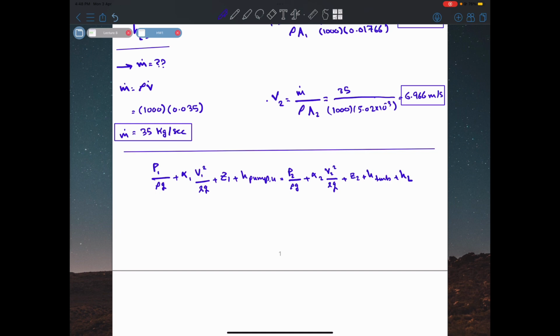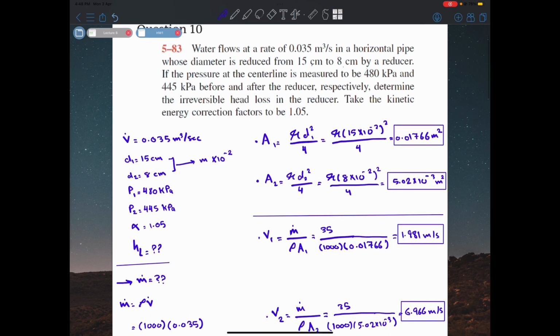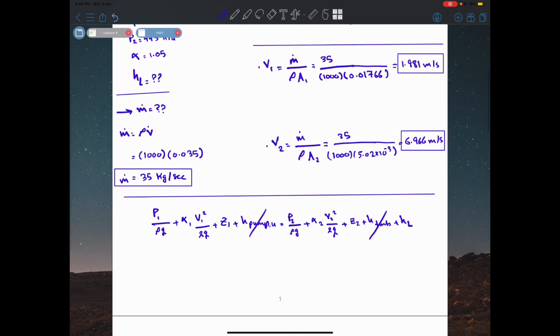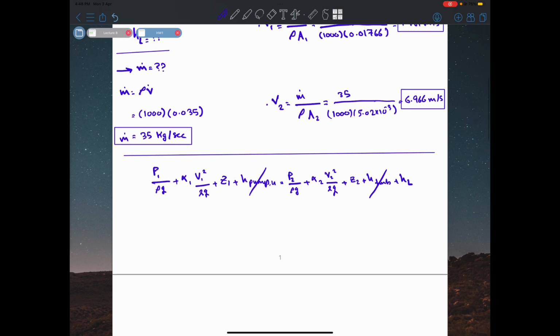I will cancel the H turbine with the H pump because we are not required to find them, and the question didn't mention a pump or a turbine.